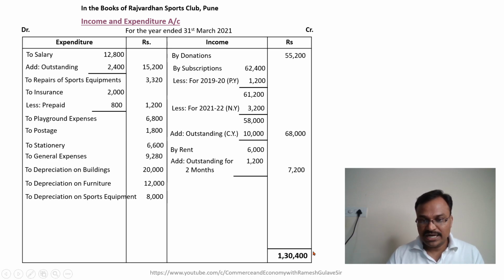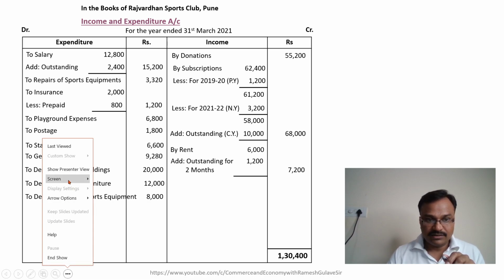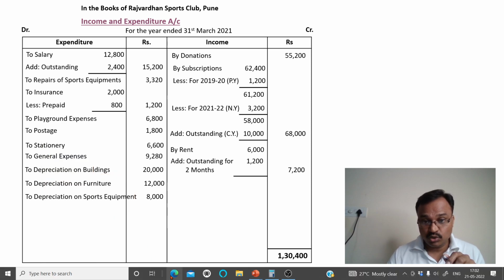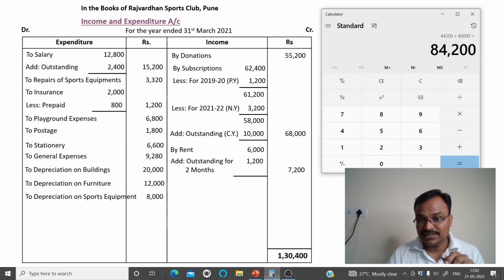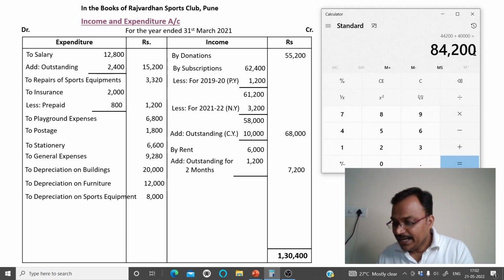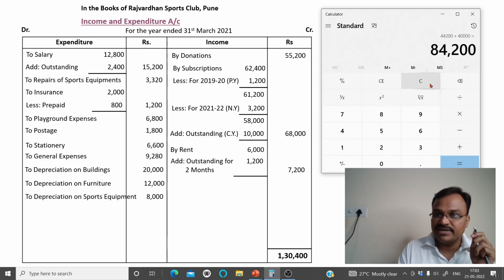So total is 1,30,400. Right. Now we have to subtract the total of debit side from 1,30,400. The total of debit side is 84,200. So let us record on the debit side.